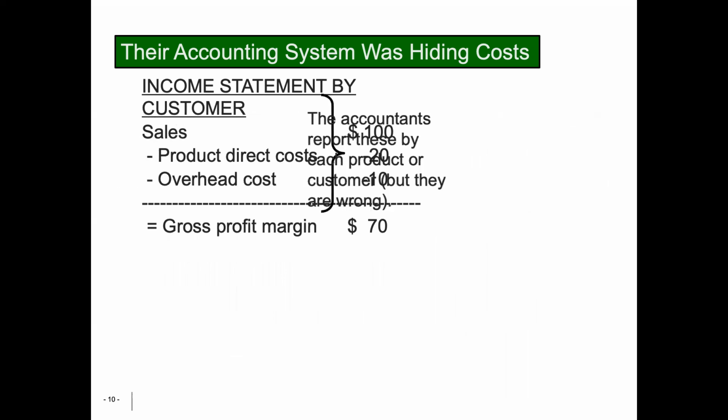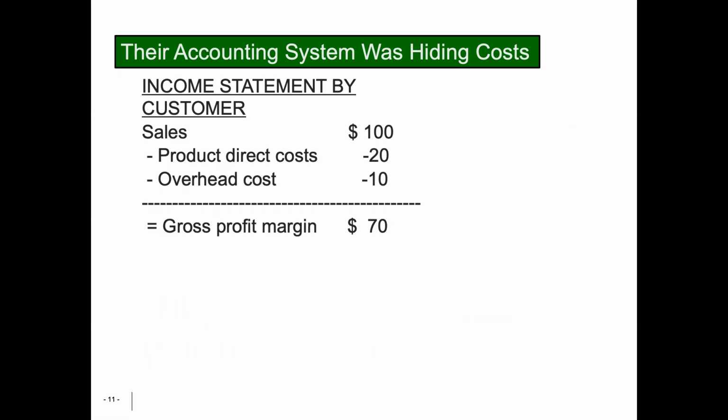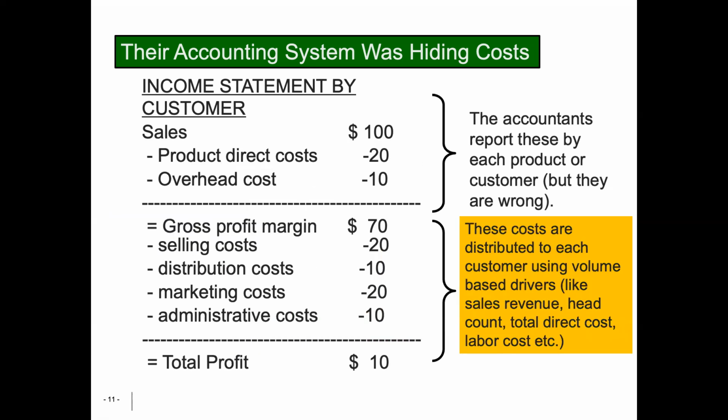Now, because they don't have understanding of these costs, they are, in essence, distributing their costs to each customer in what they call a peanut buttering technique, basically spreading it across all customers equally without considering the diversity of these customers. Now, that's a challenge which we need to consider and take into account when we are rethinking the costing.